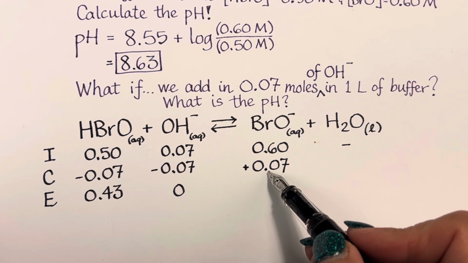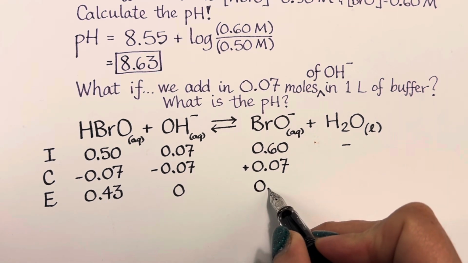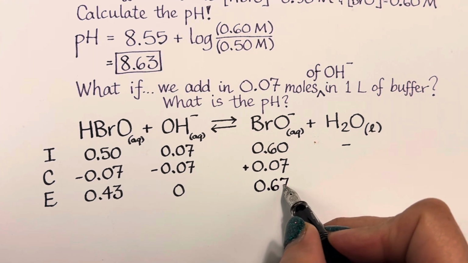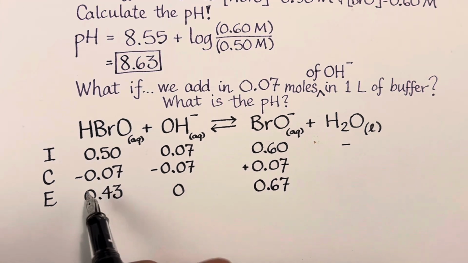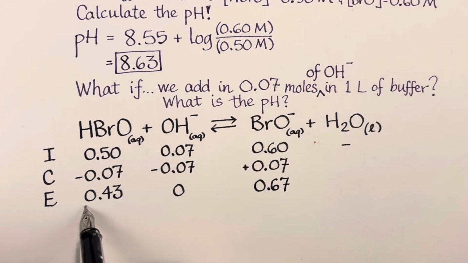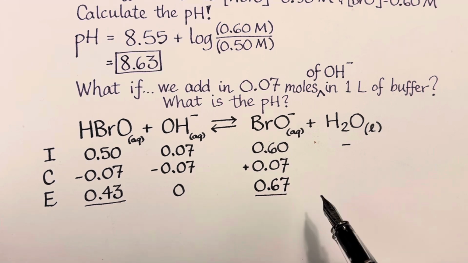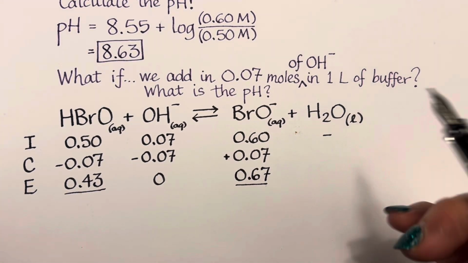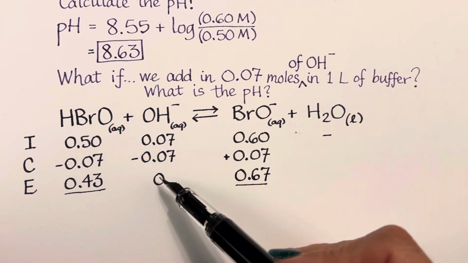We have formed 0.07 moles more. All right, so we add this column. We now have 0.67 molar. And now these are the values we put into the Henderson-Hasselbalch equation to calculate the new pH that results after having added in the strong base.